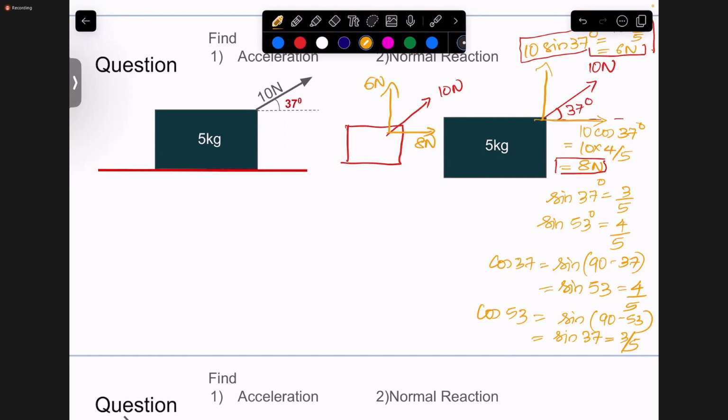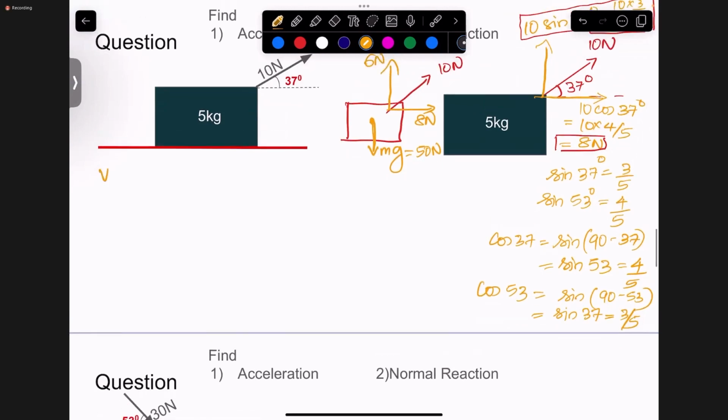So you can see that there is this one force which is acting, and there is this one force which is acting downwards, which is the mass of the object, mg. So mg is equal to 5 times 10, equal to 50 Newton.